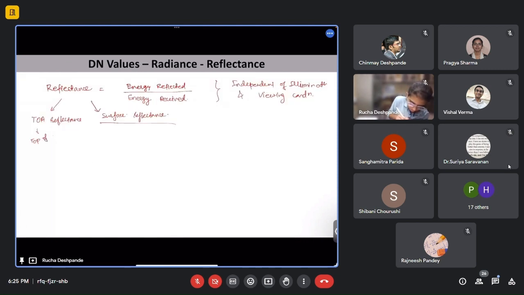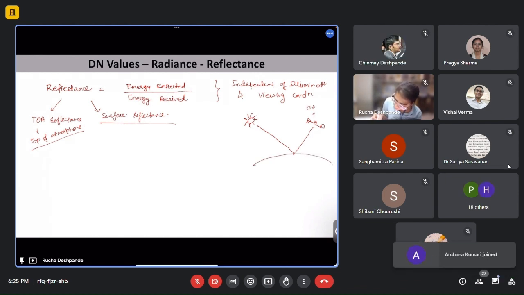So TOA is top of atmosphere. This type of reflectance is measured at the sensor only. So this is my sun, and this is the sensor. TOA reflectance will be measured over here, so there will be effects of the atmosphere which need to be corrected in surface reflectance.